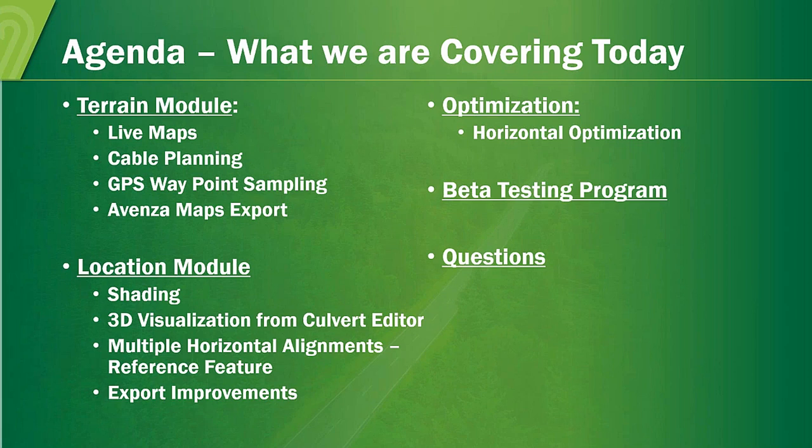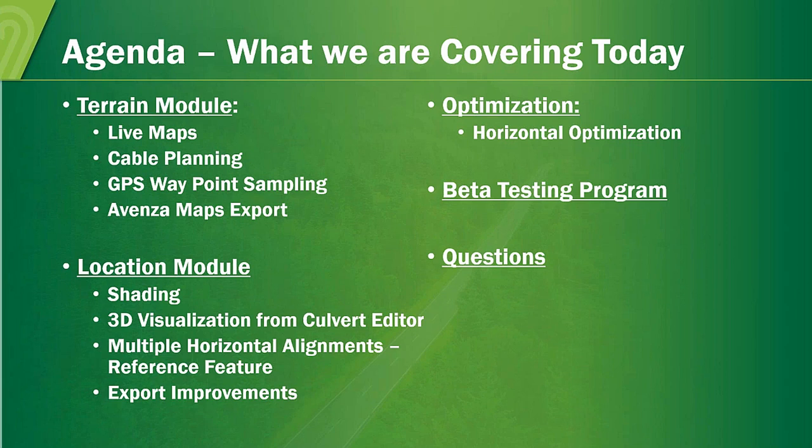We're going to talk about shading, some new visualization pieces coming from our location culvert editor, talking a little bit about multiple horizontal alignments and how we can use them now as reference features. Lots of export improvements. I think this is a potential, but we're hoping to add a little chat about horizontal optimization at the end. And then we'll circle back, talk a little bit about our beta testing program, and if anyone has any questions, we will address them at the end.